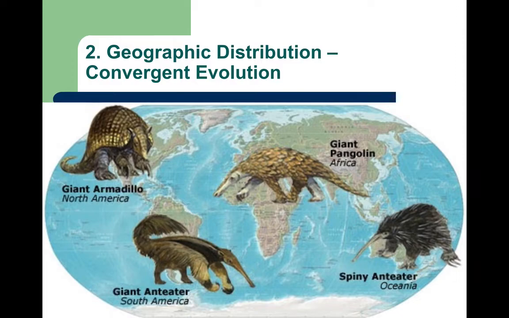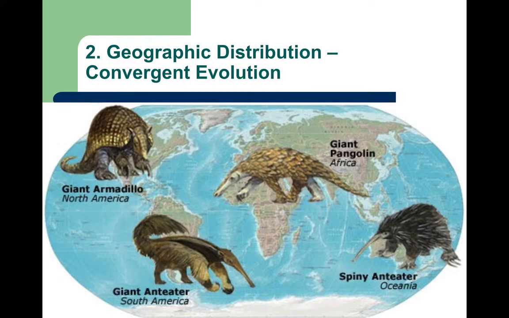Here's an example from Pangea. For example, we have two animals, the giant anteater from South America. It was in an environment that's very similar to the environment found in Africa of the giant pangolin. So they have a very long snout that helps them eat the same type of animal, which are insects.